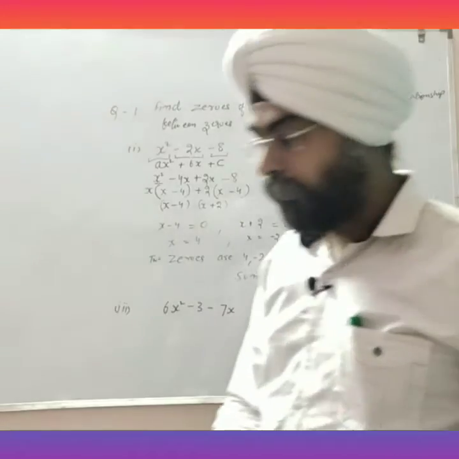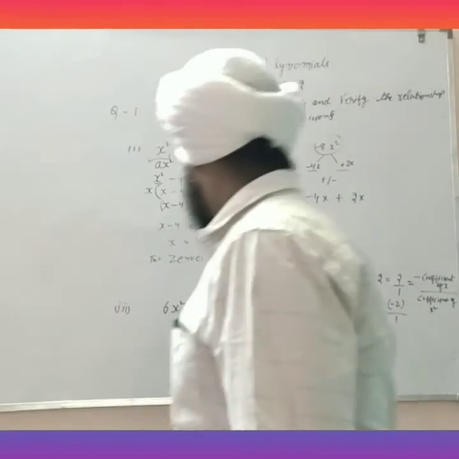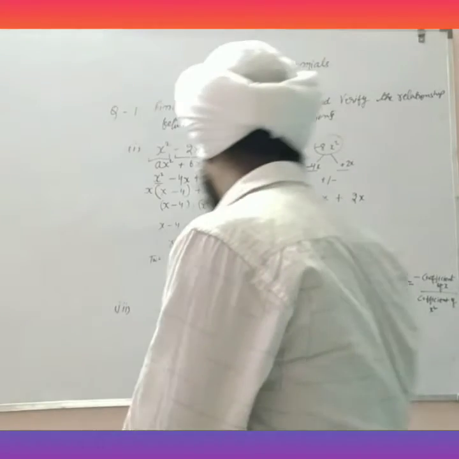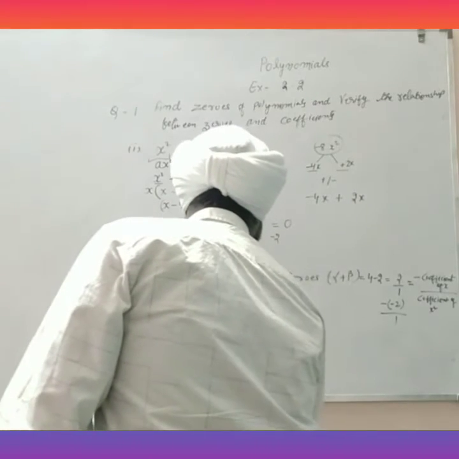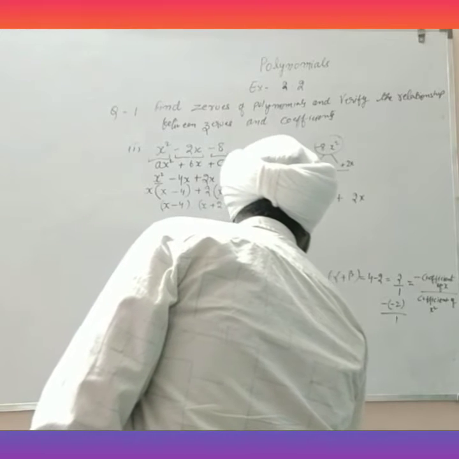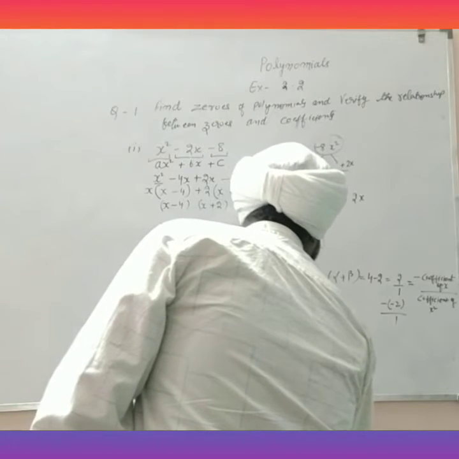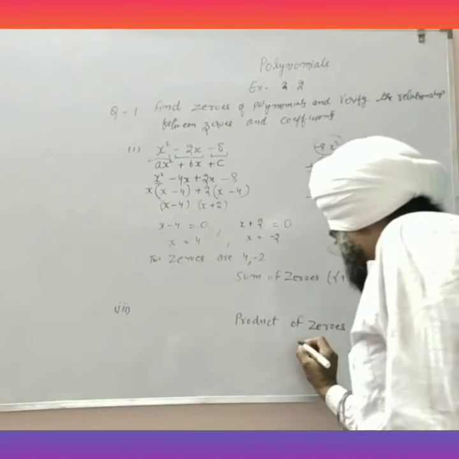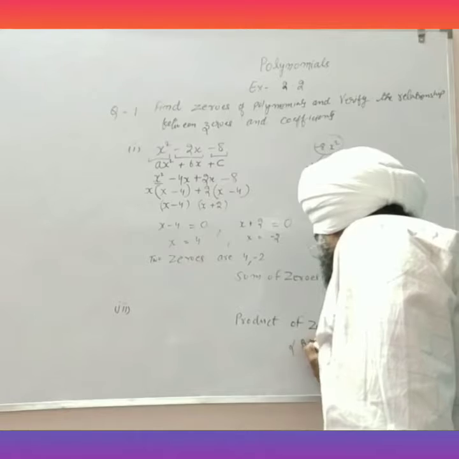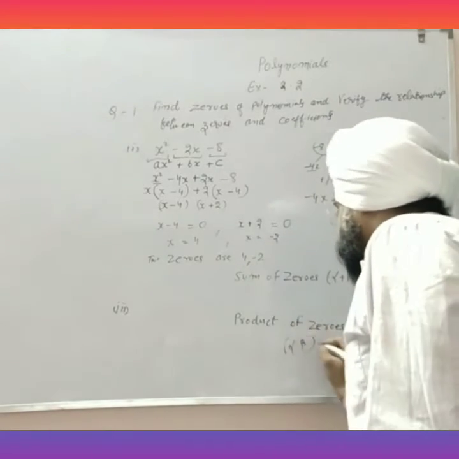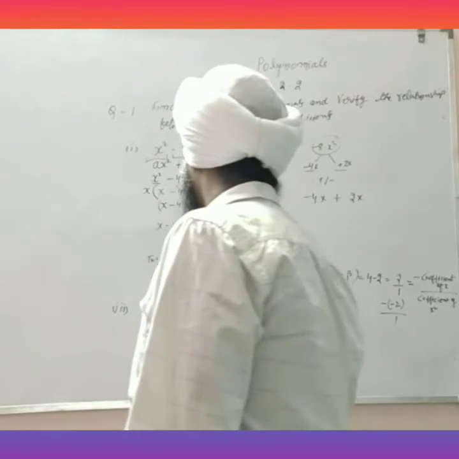Now I have to write the product of the zeros also. The product of zeros will be alpha into beta. Alpha into beta means 4 into minus 2. The zeros are usually taken as alpha and beta.